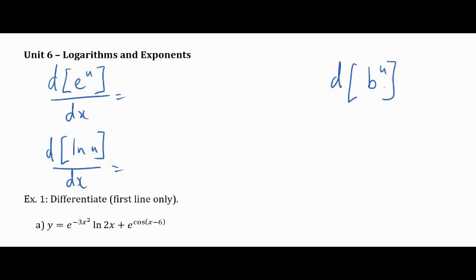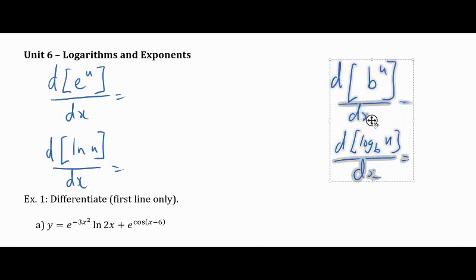So e is our special number, and b is just any number. Okay, so take a minute and try to fill those in.